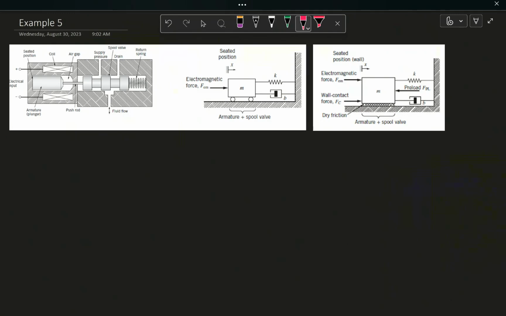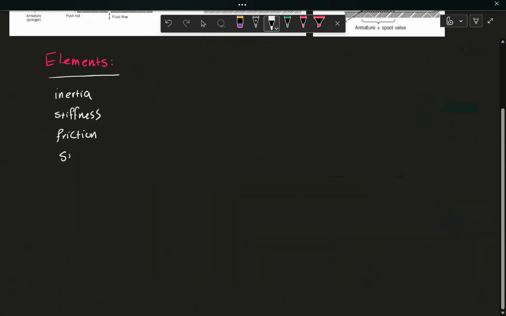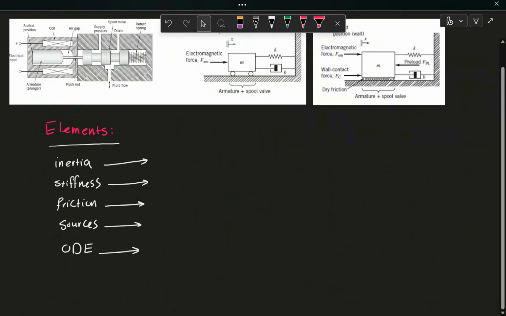I'm first going to list the elements in the system. If you look at the elements, you have inertia, stiffness, friction, also my sources, and the number of ODEs. What is my inertia element? The same as before.